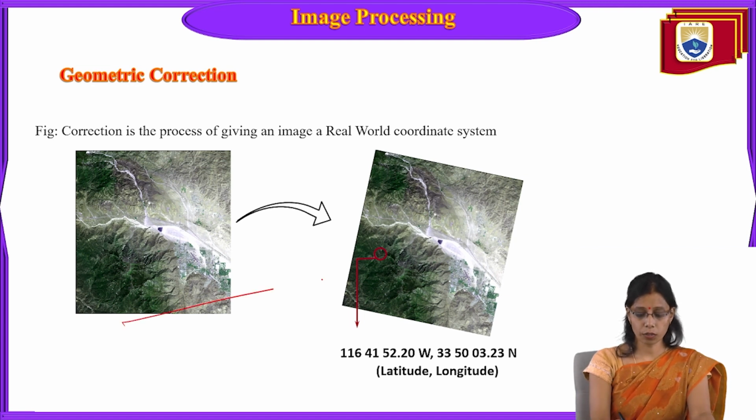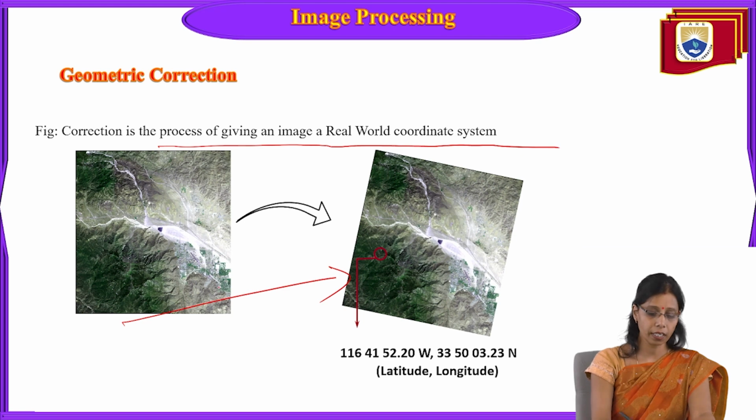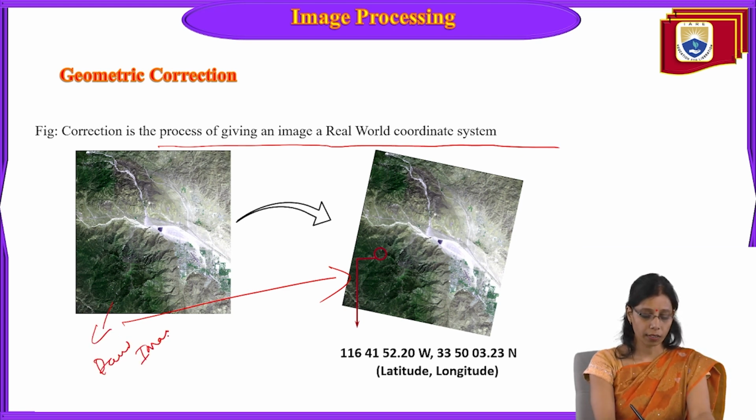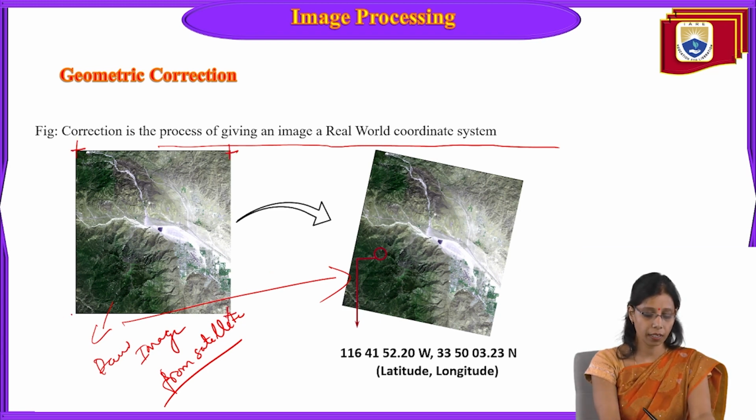So this is how it looks. This is the correction process of giving the image real world coordinates. This is the raw image received from the satellite. So what is happening here? GCP is assigned here, here, here and here.